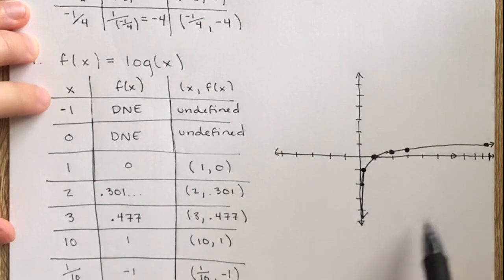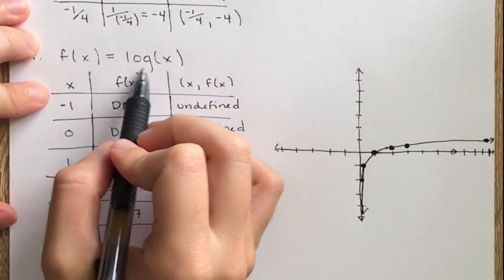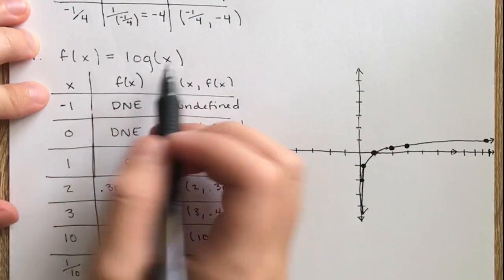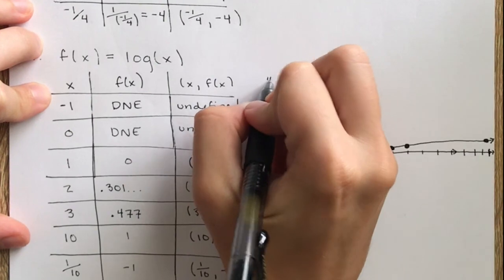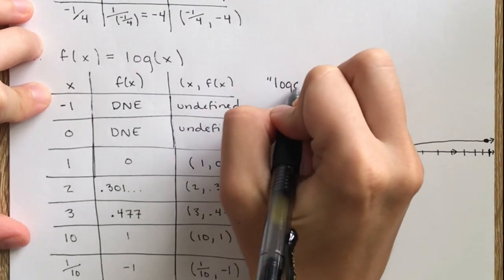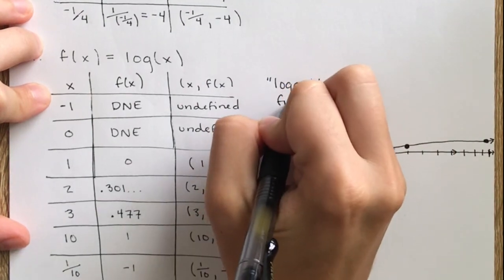Logarithmic functions can easily be identified by their function, right? It has this log, which is short for logarithm. Again, this is a logarithmic function.